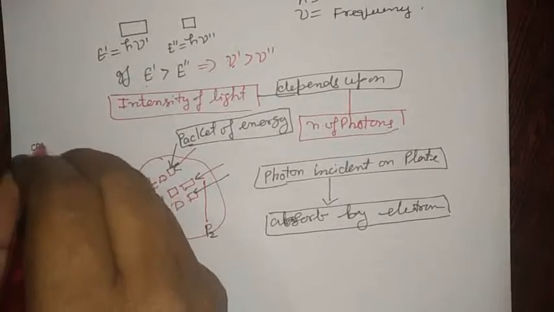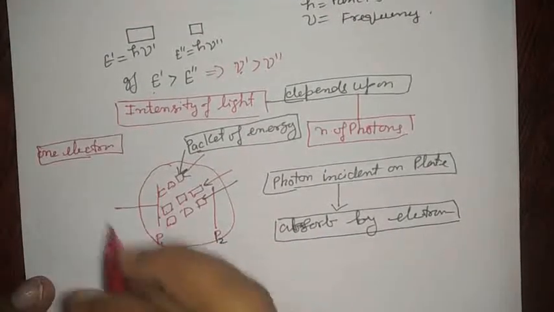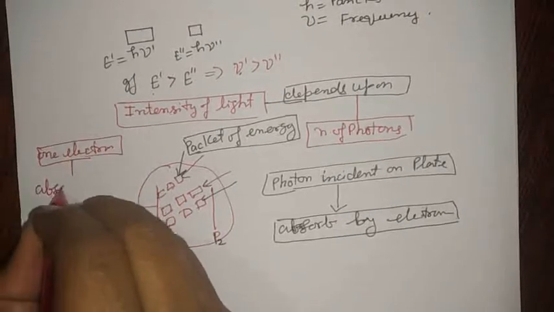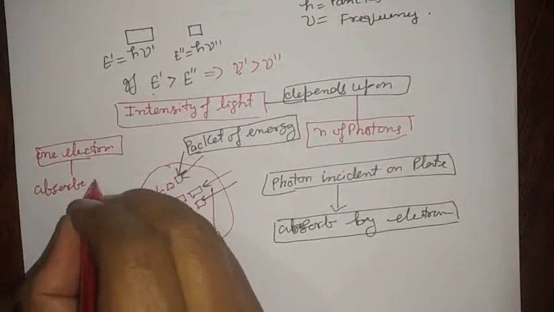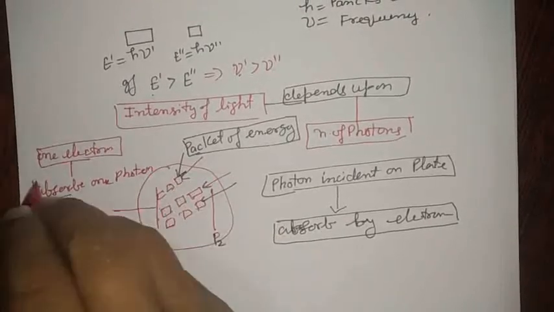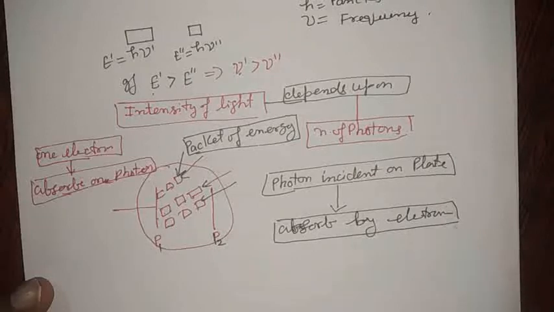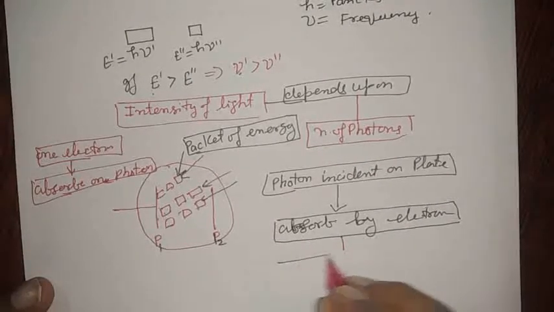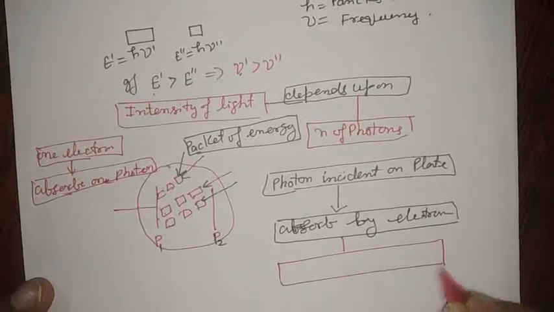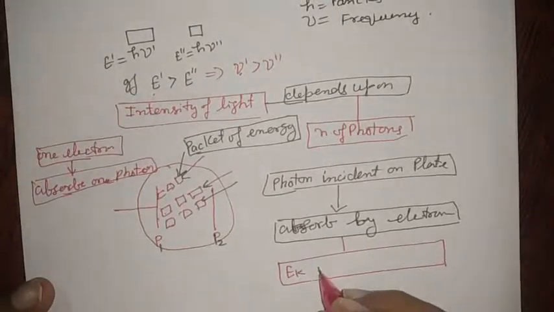See very carefully. One electron on the plate absorbs one photon. See this theory very clearly. Photon incident on plate is absorbed by electron. What happened? Kinetic energy of electron EK increases.